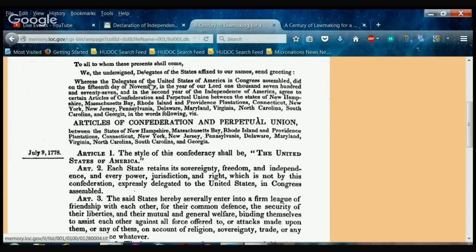So what we have to do is realize that the independent states are under this particular entity here. The non-independent states are under this particular entity here, under the federal. And that's why you have two separate governments within the country.